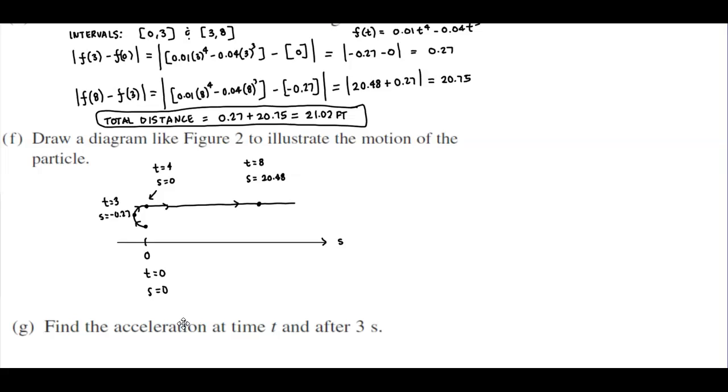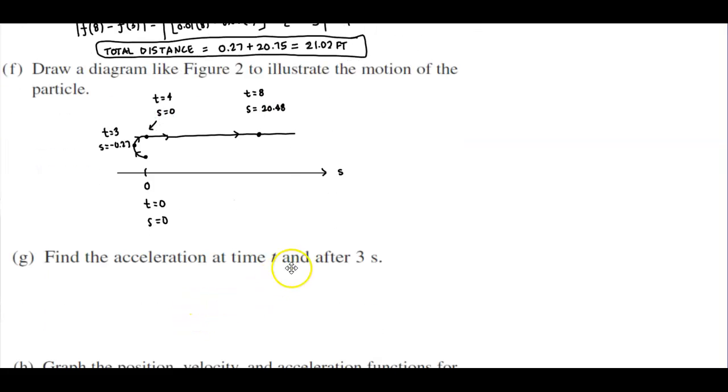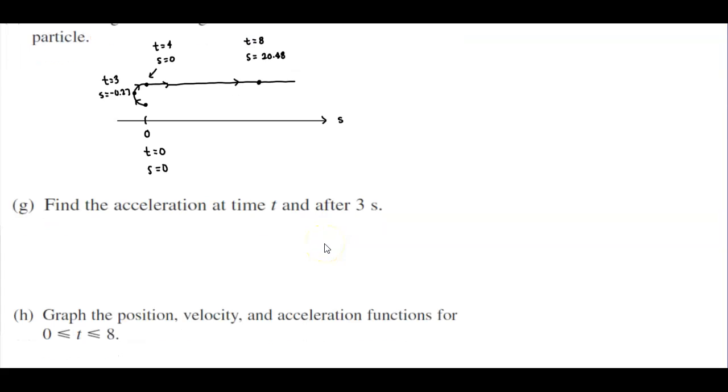Okay, now what we want to do is find the acceleration at time t and after 3 seconds. So recall that the velocity function is equal to 0.04 t cubed minus 0.12 t squared.